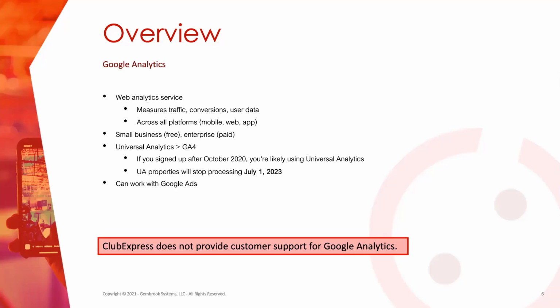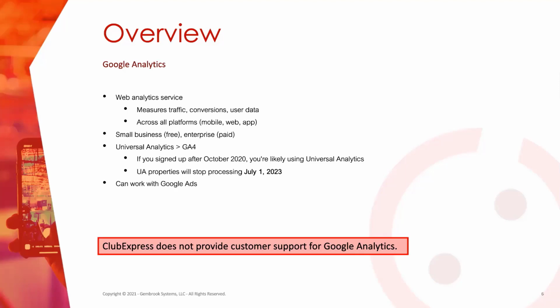We can get that all going for you, make sure that it's looking good on our end, make sure it looks okay on your end. But as far as actually using Google Analytics, running reports and creating those visualizations for yourself, potentially setting up additional events that you'd like to see reported on that we aren't collecting initially, all of that is going to be something that you're going to use third-party help for.